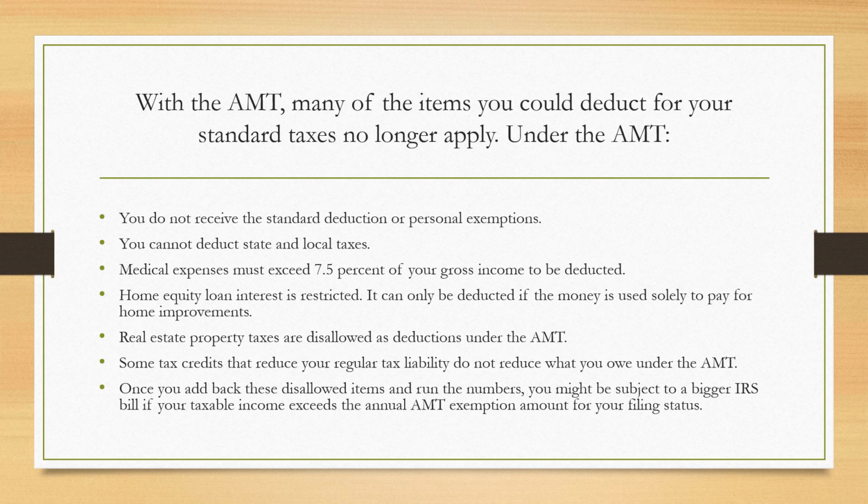They add it right back onto your taxable income for the year. Typically, under the traditional tax codes, you also get deductions and credits for things like taxes that you already pay to the states or local and foreign governments. But unfortunately, those are also not available under the alternative minimum tax calculation.